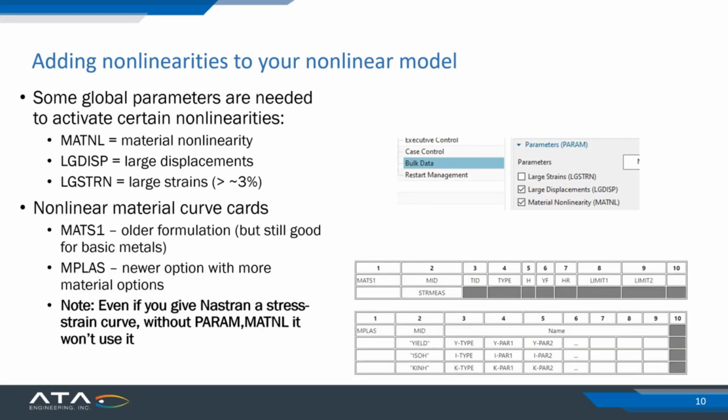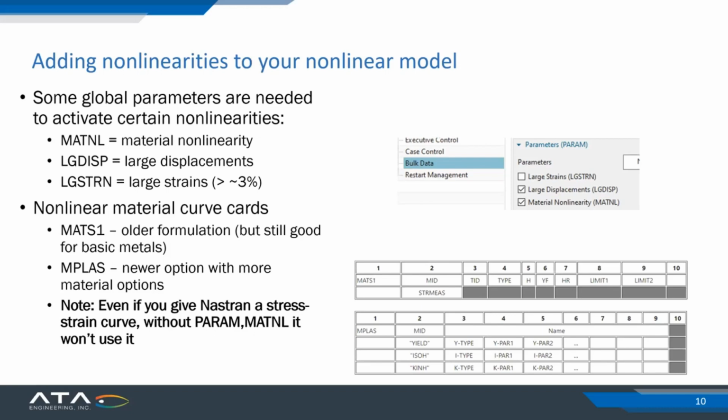If you are doing a material nonlinearity, you also will then need to do some sort of definition for the behavior of that material. And there are 2 typical options. If you're doing plasticity, it's going to be either a MATS1 card or an MPLAS card.